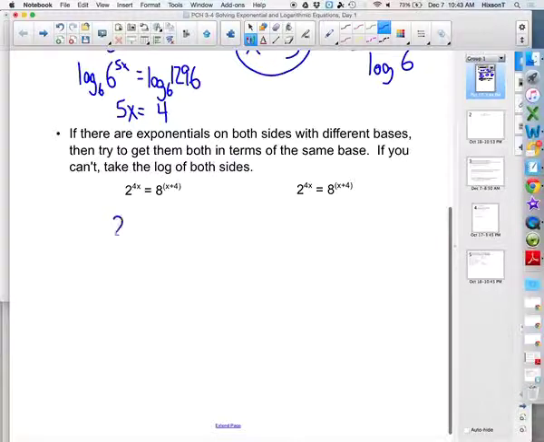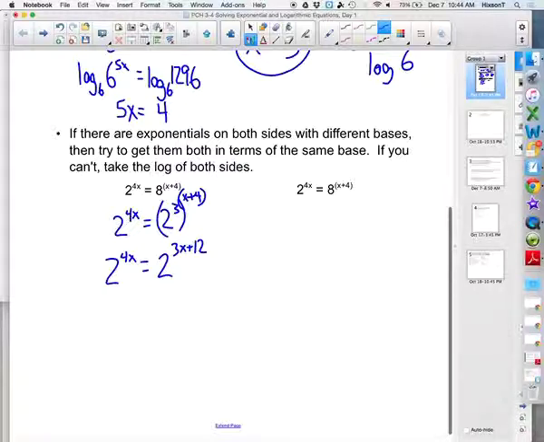So for example, I'd leave this as 2 to the 4x, and I'd write 8 as 2 to the 3rd power, and then that's to the x plus 4 power. And what do you do when you're raising a power to a power? You multiply the exponents. So we would have 2 to the 4x equals 2 to the 3x plus 12.